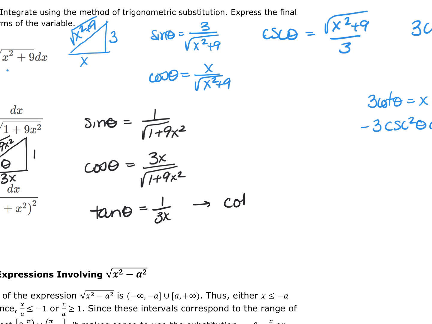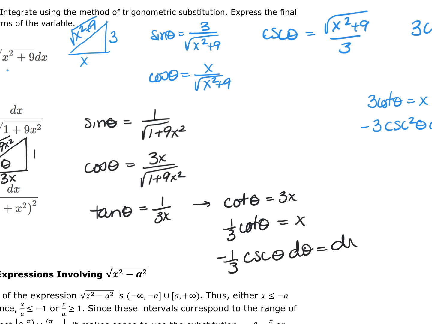So I'm going to use the cotangent of theta, which is going to give me just 3x. Multiplying both sides by 1/3, I have 1/3 the cotangent of theta is equal to x. And now I'm ready to do my derivative. Negative 1/3 the cosecant squared of theta d theta is equal to my dx.